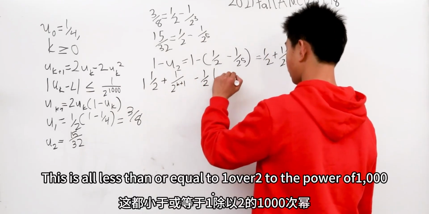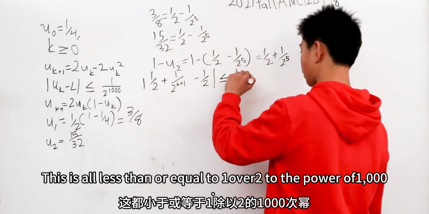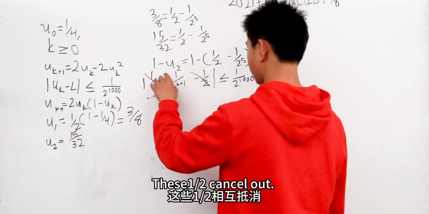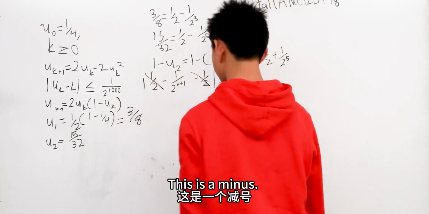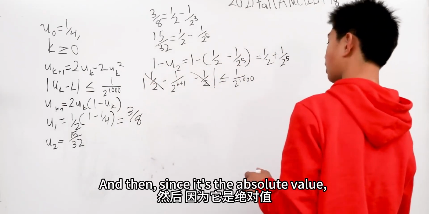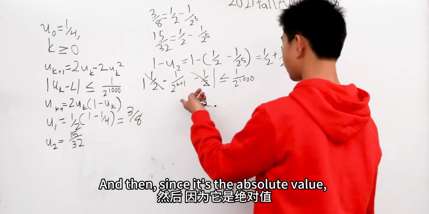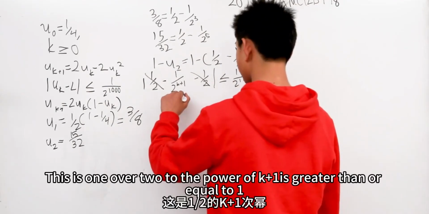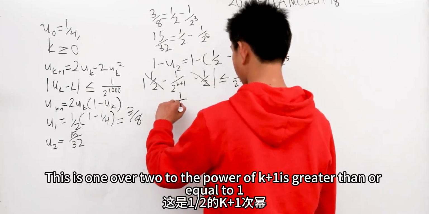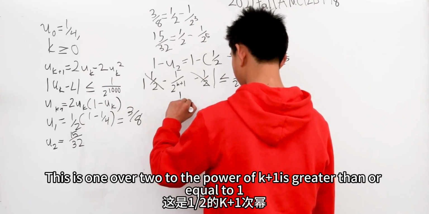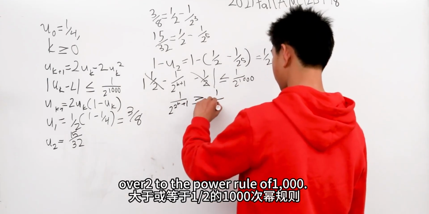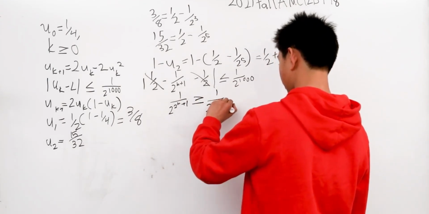And this is all less than or equal to 1 over 2 to the power of 1,000. These 1/2s cancel out. Since it's the absolute value, we want to switch the signs, so 1 over 2 to the power of k plus 1 is greater than or equal to 1 over 2 to the power of 1,000.